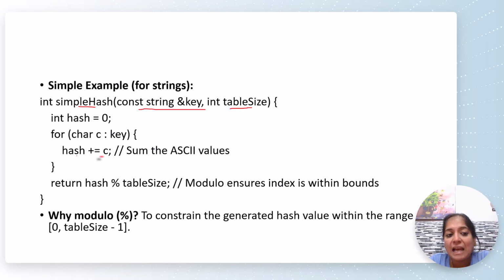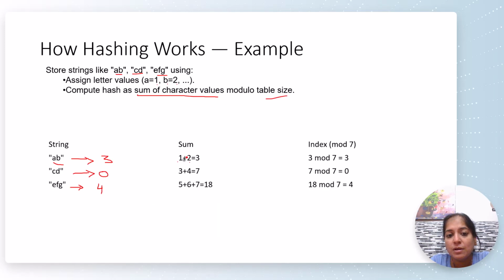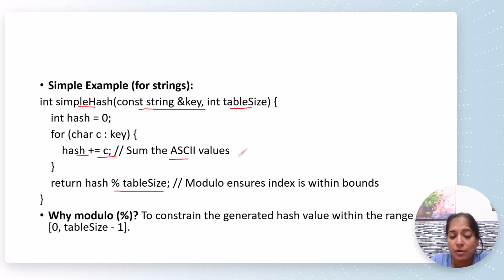We are calculating the addition of the ASCII values of each character, and then at the end we are returning the hash value modulo table size. Now you must be wondering why we are always taking the modulo by table size. In the previous example also we took mod table size, and here we are again taking the modulo.